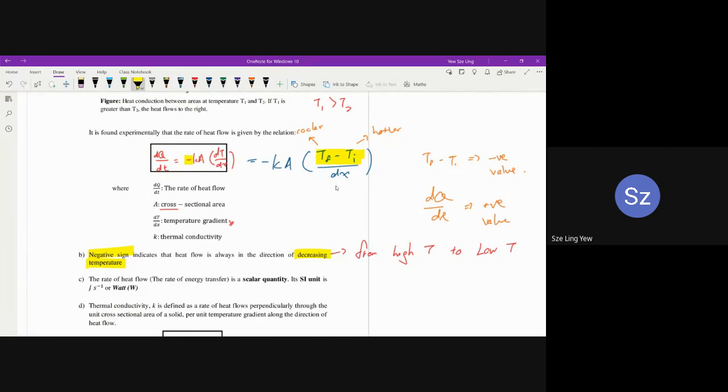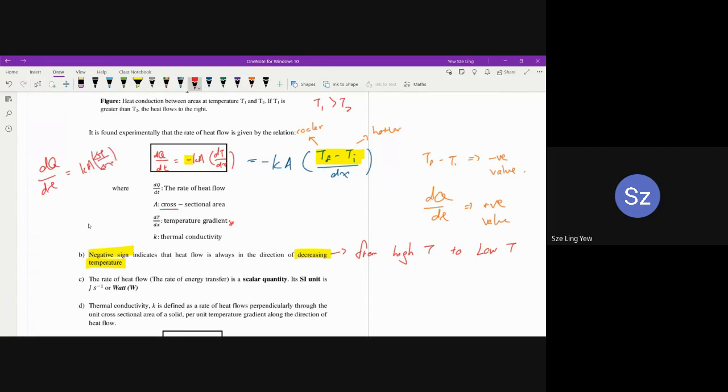I would say that is a shortcut. I wouldn't say it is wrong. Because if you notice, in most revision books, the equation is written as dQ over dt equals KA delta T over delta x.